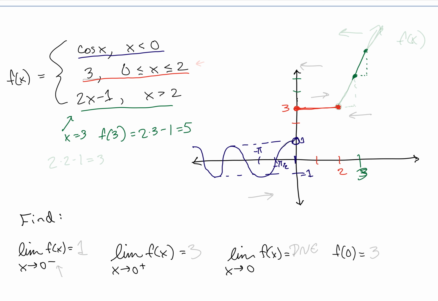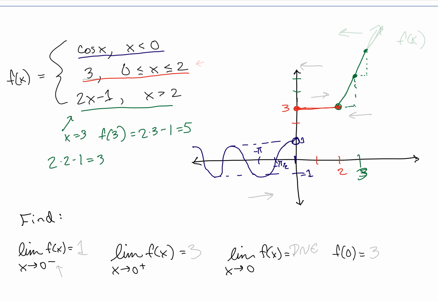And we see also that it will actually happen to intersect the previous part of the function right at that point. Because again, for every 1 that it goes over, it goes up 2 because there's a slope of 2. And we can verify, 2 times 2 minus 1 is 3.